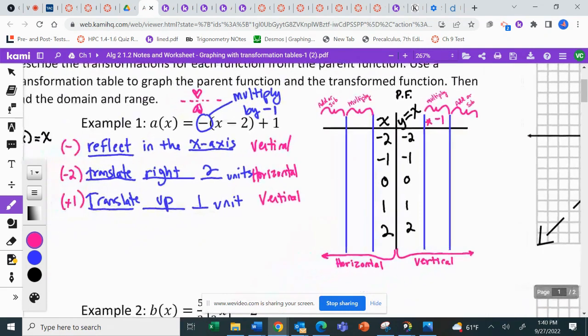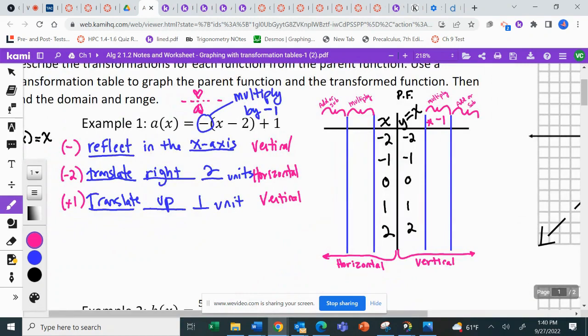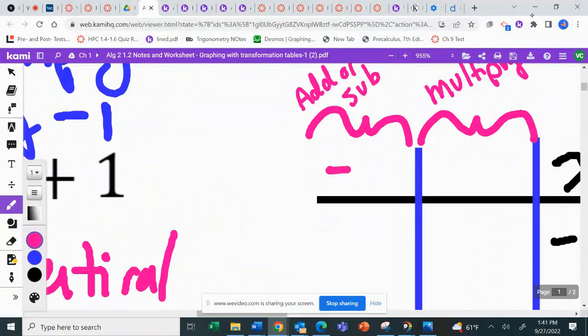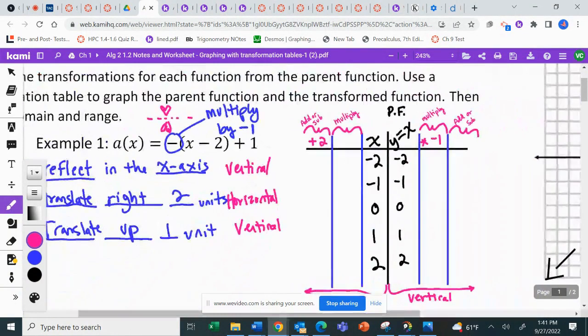What's our next transformation? Horizontal, translate right 2 units. Okay, so that's adding or subtracting. To go to the right, it has to be adding, and it goes on our horizontal side. If the number in the equation is -2, why did I add 2? Because it's opposite.